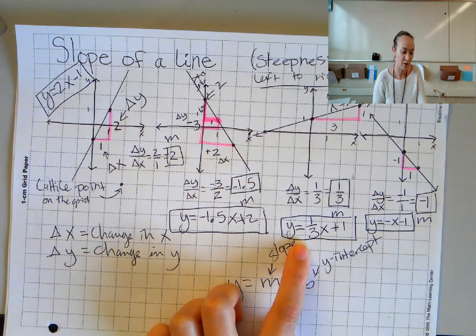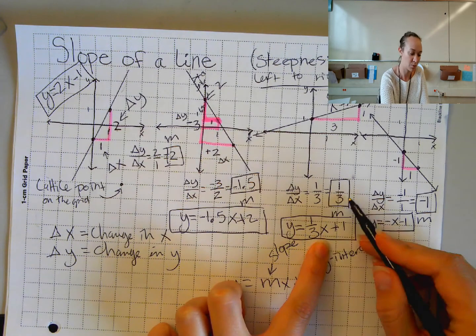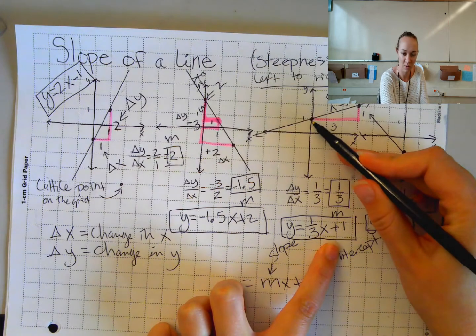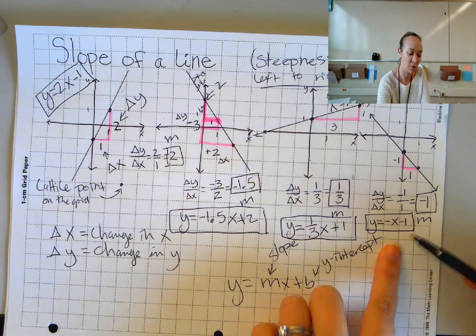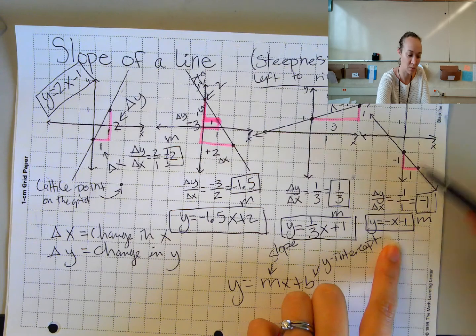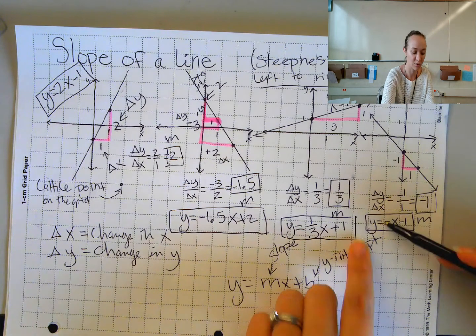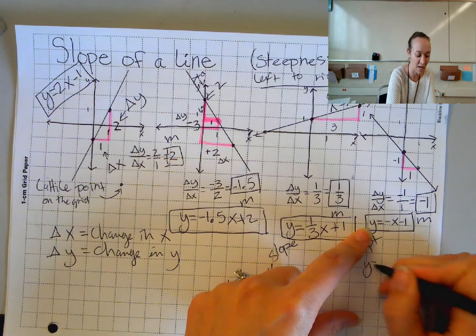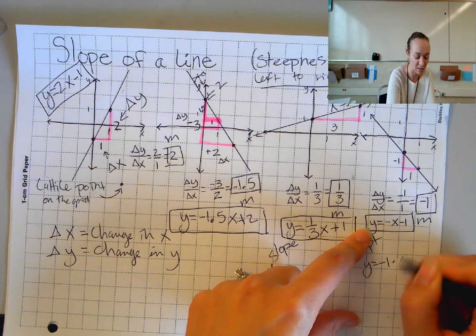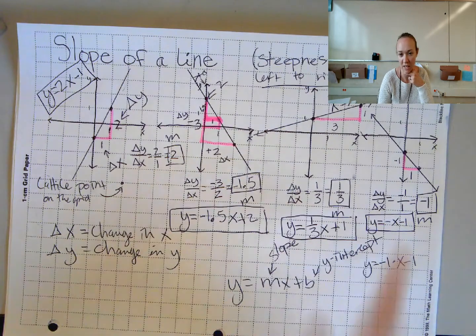On the third one, y equals 1/3 x plus 1, because 1/3 was my slope, my y-intercept was at 1. And on the last one, my rule is y equals -x minus 1. That -1 is right here for the y-intercept, and then the slope of -1, I also could have written this as y equals -1 times x minus 1, but I'll just do that and get that equals -x.